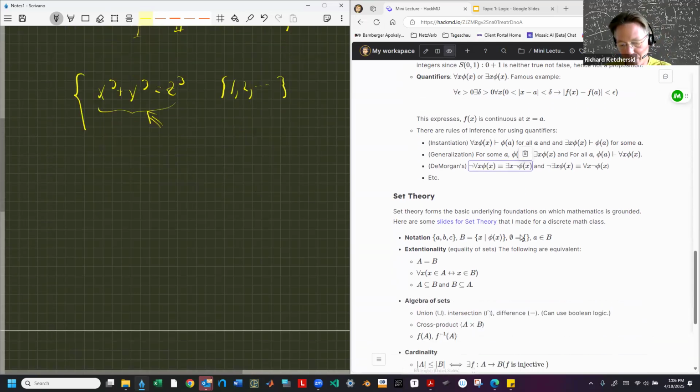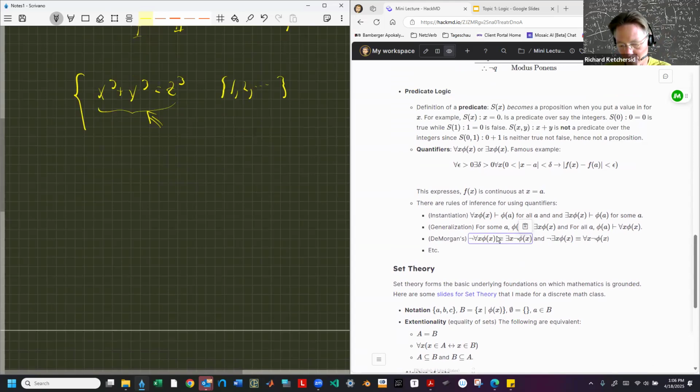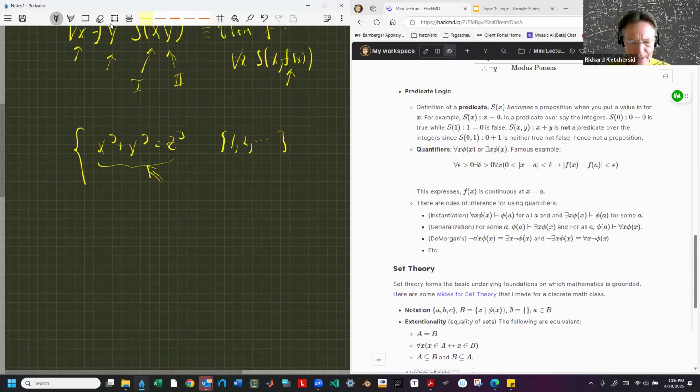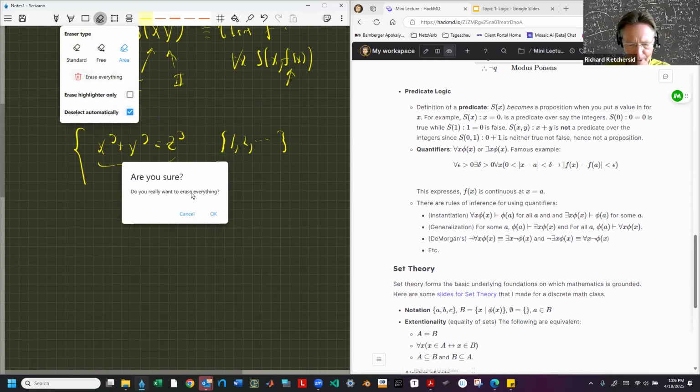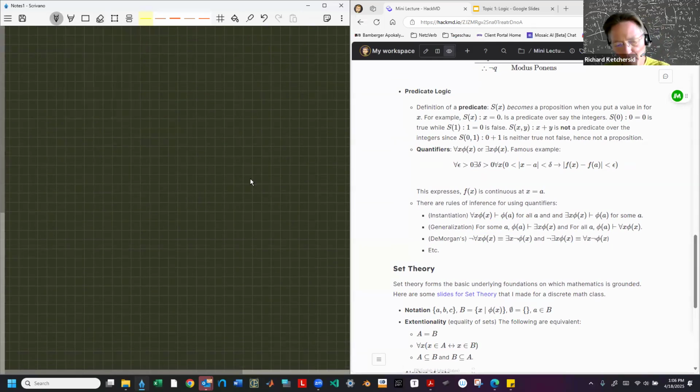Just real quickly, a little bit about some things, like we have these equivalences. So let me just erase this. There are many rules, and I certainly won't talk about them all, but one of them would be like, remember De Morgan's rule: not (A or B) is, in one of the versions, not A and not B. So here we have a corresponding thing for existential quantifiers.